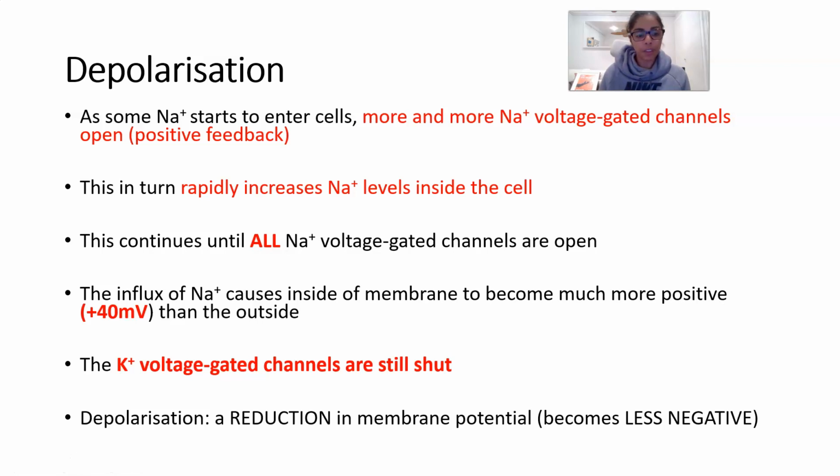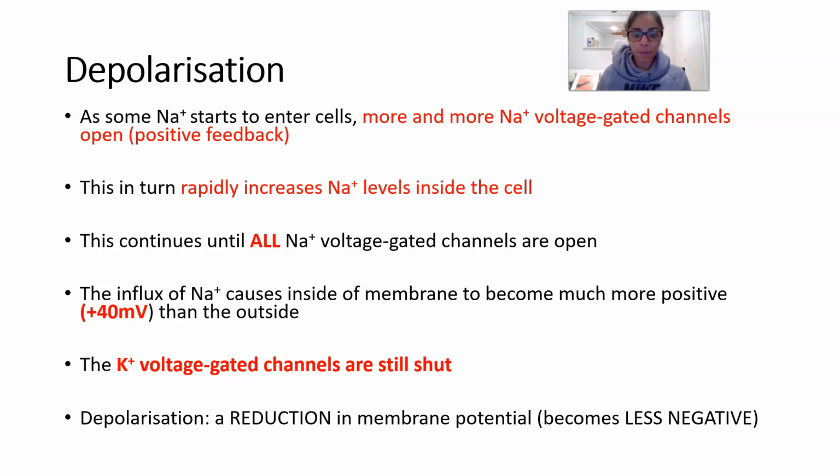All right, so depolarization. Sodium ions start to enter the membrane as a result of sodium voltage-gated channels opening. More voltage-gated channels start to open, so that's a kind of positive feedback response.